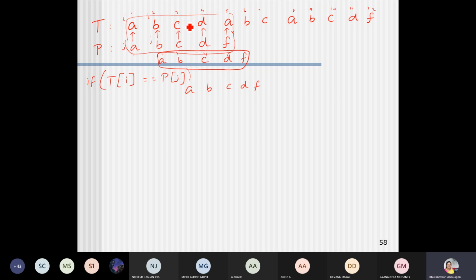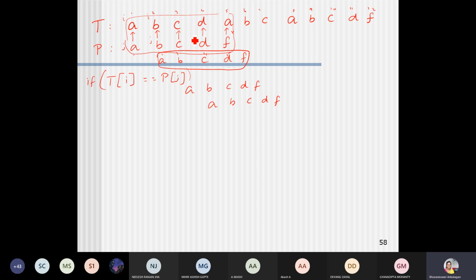If you look at this particular example, you have to shift like this, again A, B, C, D, F. Obviously, there won't be a pattern match. Once the pattern gets unmatched with the text, you are not looking into any other sub pattern which can be found.